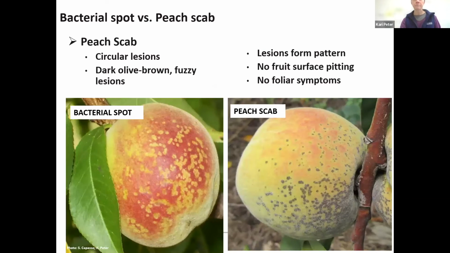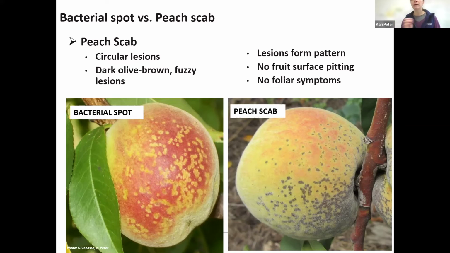That's just to let you know that bacterial spot infection can occur at different times. Now, it's important to know the difference between peach scab and bacterial spot. Again, two different pathogens, one's bacterial, one's fungal. Bacterial spot produces pitted lesions. Peach scab produces small olive green lesions on the fruit only.